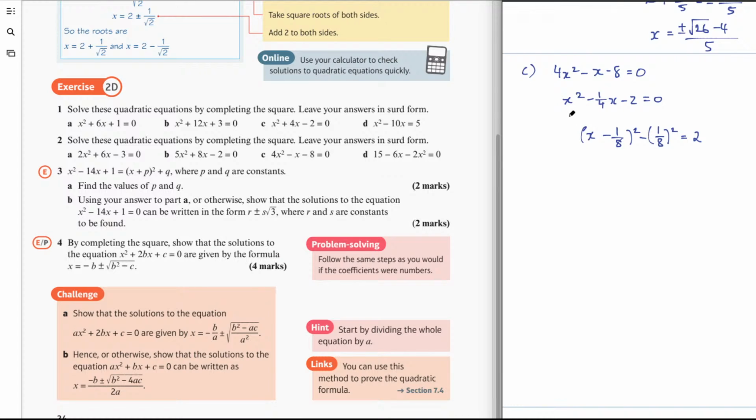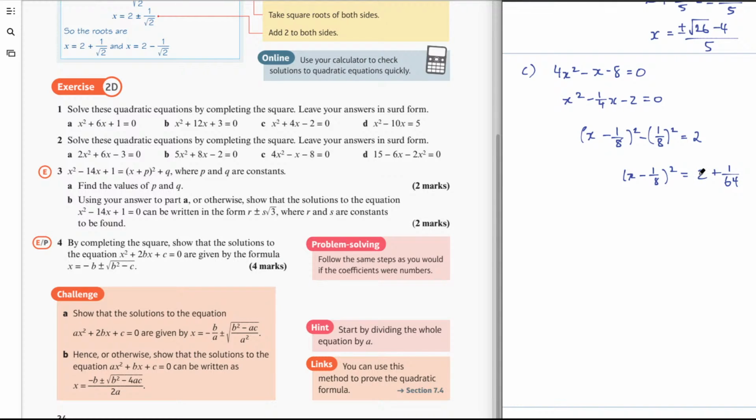And then x take 1 on 8 all squared equal to 2 plus 1 on 64. So square that, add it to the other side. And then what is this simplified? 2 plus 1 on 64.